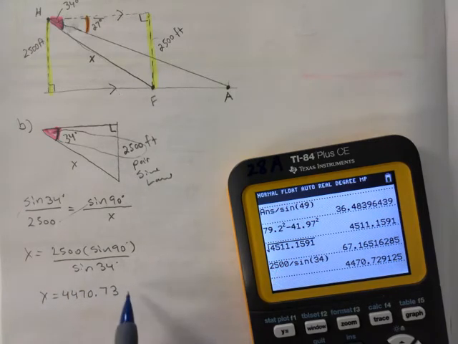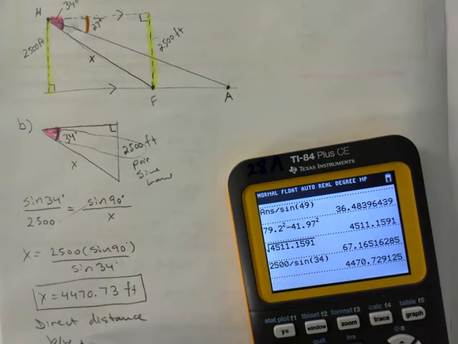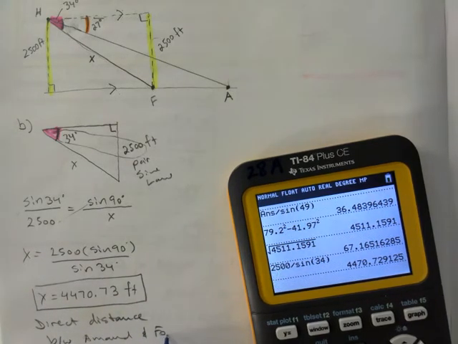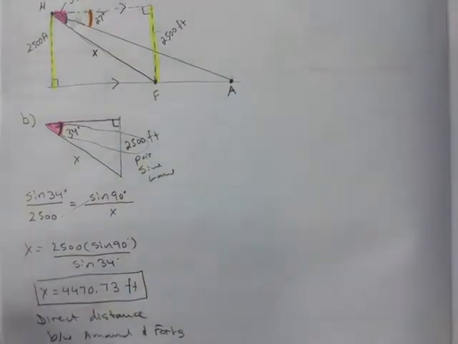And we're talking feet here. So that is the answer, the direct distance between Amanda and Forks. There you have it.